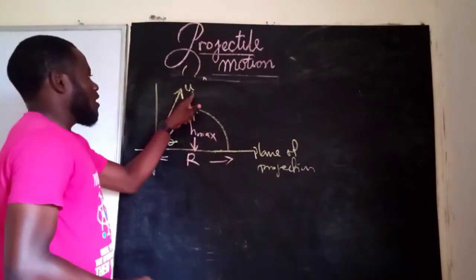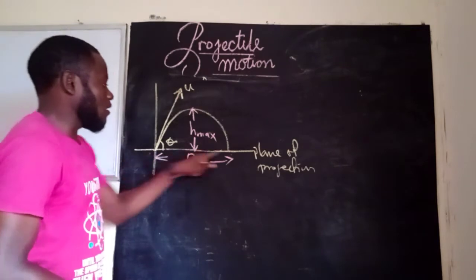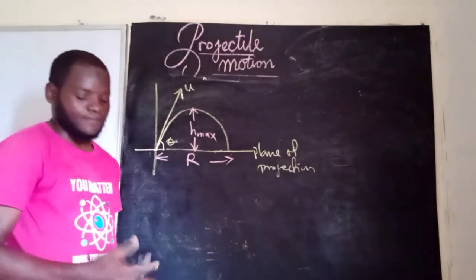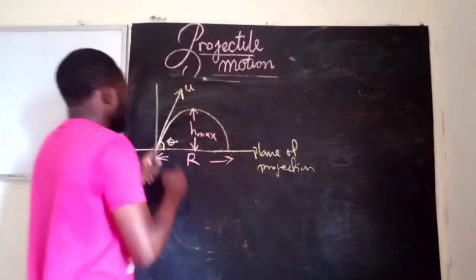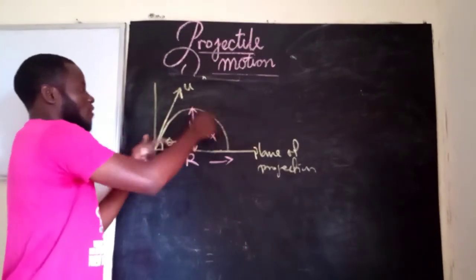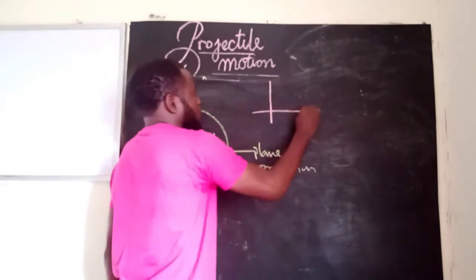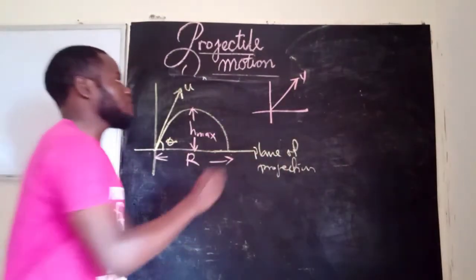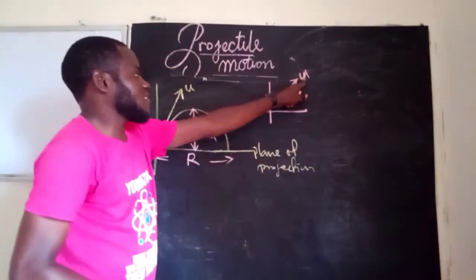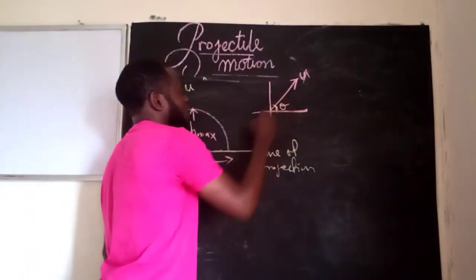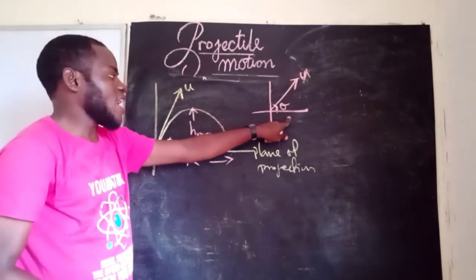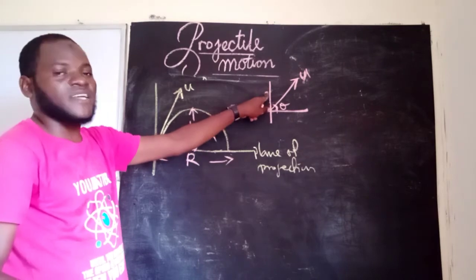Now, what will be the velocity along the horizontal component, and what will be the velocity along the vertical component? Let's quickly look at this diagram. I can just decide to take this curve away from the diagram, and I will have something like this. So if I have this, this is an angle of inclination, and this is the what? Resultant what? Velocity. How will I get its horizontal component and its vertical component?